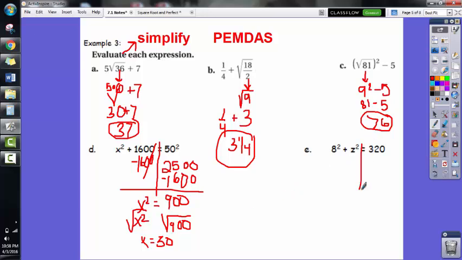And last one. 8 squared is 64 plus z squared equals 320. Okay, solve for z squared, so you need to subtract 64 on both sides.